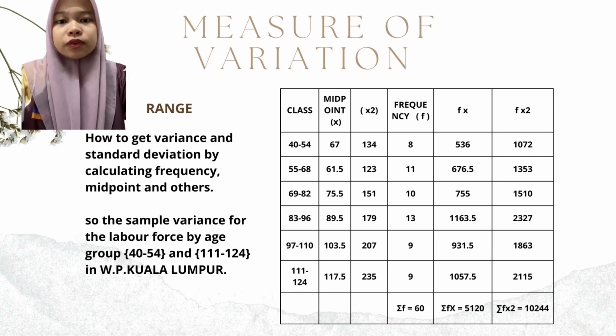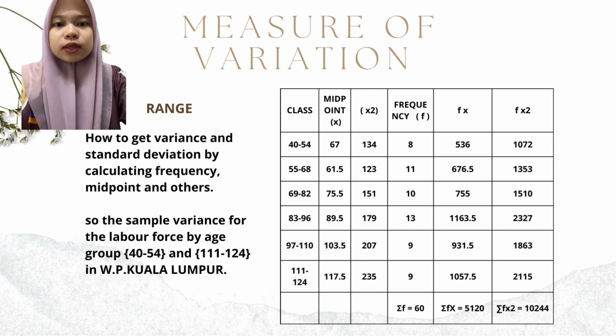So the sample variance for the labor force by age group is 40 till 54 years old and 111 till 124 years old in Wilayah Persekutuan Kuala Lumpur. As you can see, that's the table of the classes of the age.